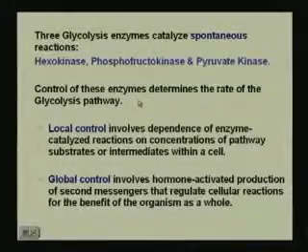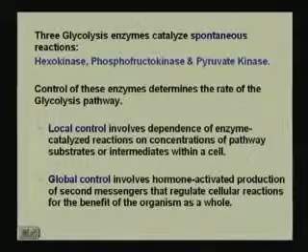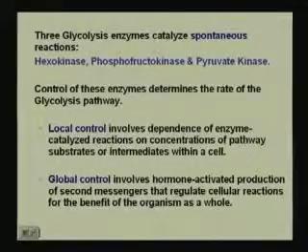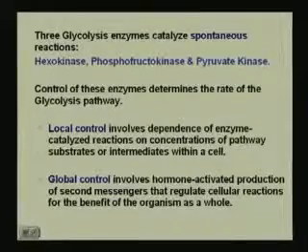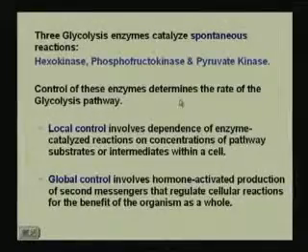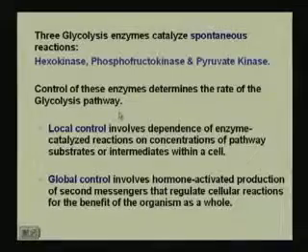If you go back and look at the glycolysis pathway, it is these three reactions that are irreversible. Once glucose forms glucose 6-phosphate, it is trapped in the cell. So, the control of these enzymes determines the rate of the glycolysis pathway.